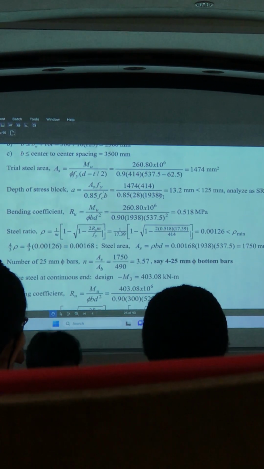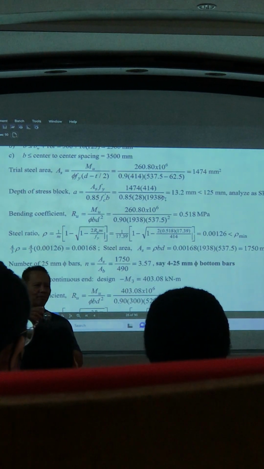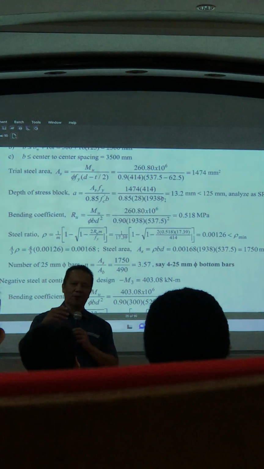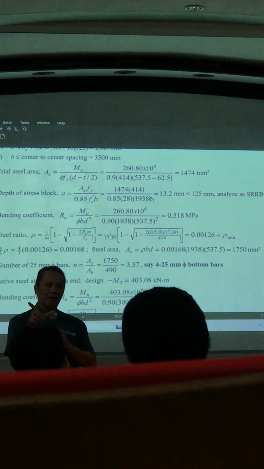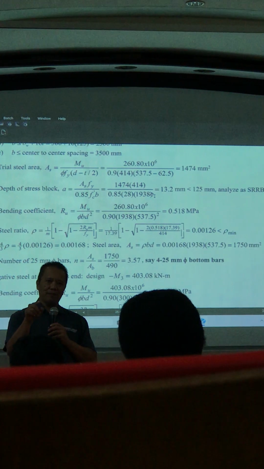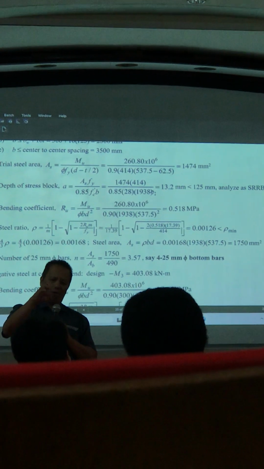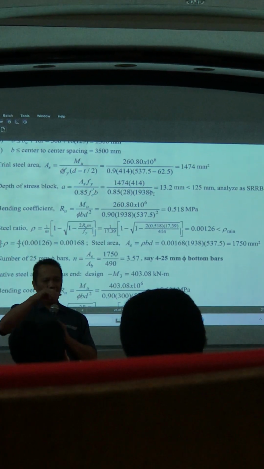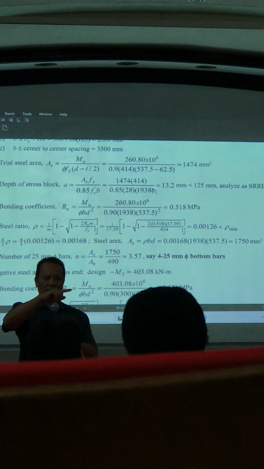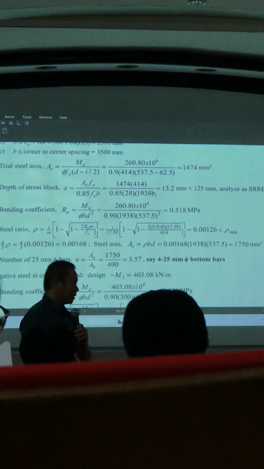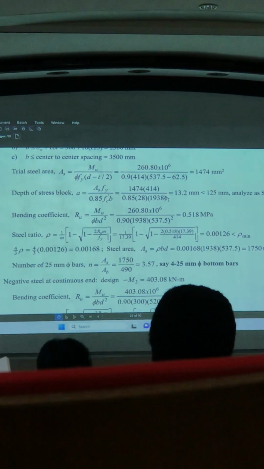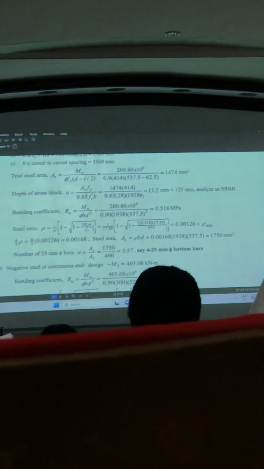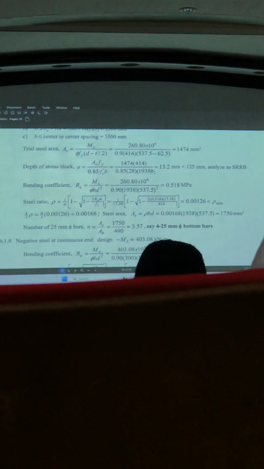If A is less than T, then you have a singly reinforced rectangular beam analysis with a width equal to the effective flange width. If A is greater than T, that means the depth of the compression block goes below the depth of the slab, so it will be a T-beam analysis. But in this case, A is less than T, therefore it is not a T-beam analysis; we have only singly reinforced rectangular beam analysis.